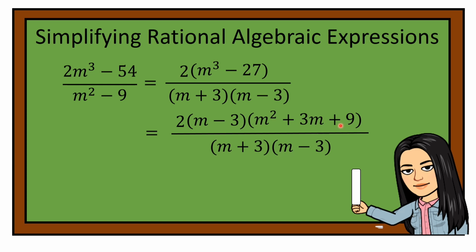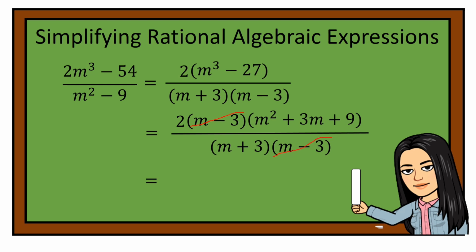So, this time, meron na tayong pwedeng i-cancel sa numerator at denominator. So, ano yon? That is, the quantity m minus 3 over m minus 3. So, cancel natin to sa numerator and denominator.